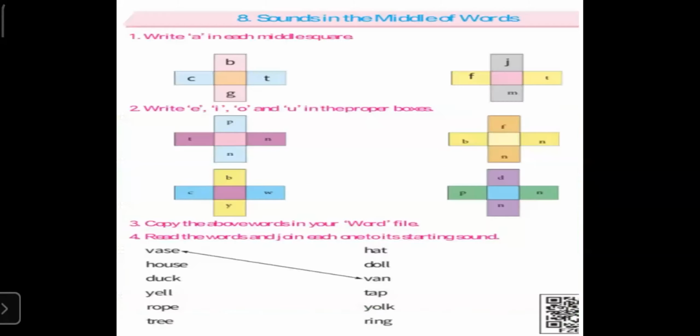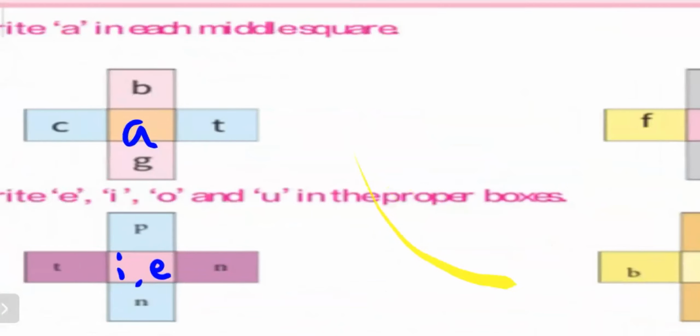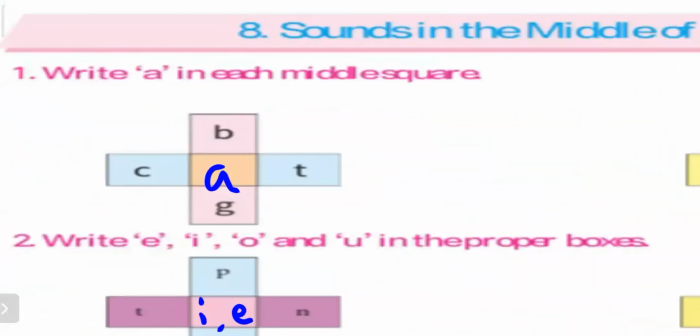We learned in lesson number 8 how, by adding different vowels in the middle of the alphabets, we can make new words. So, how have we done it?